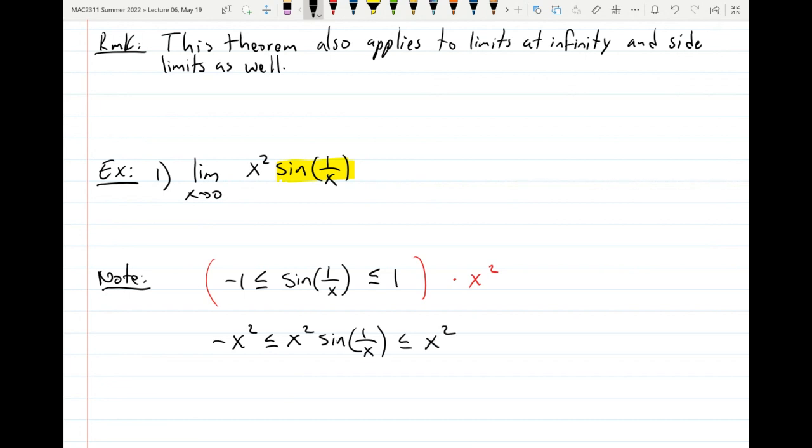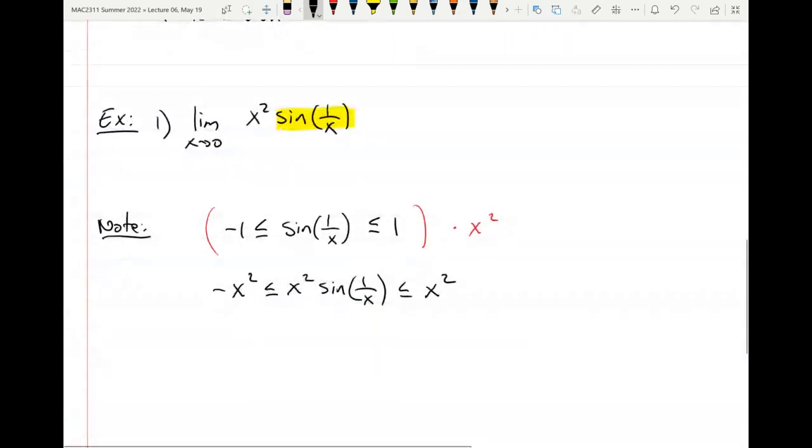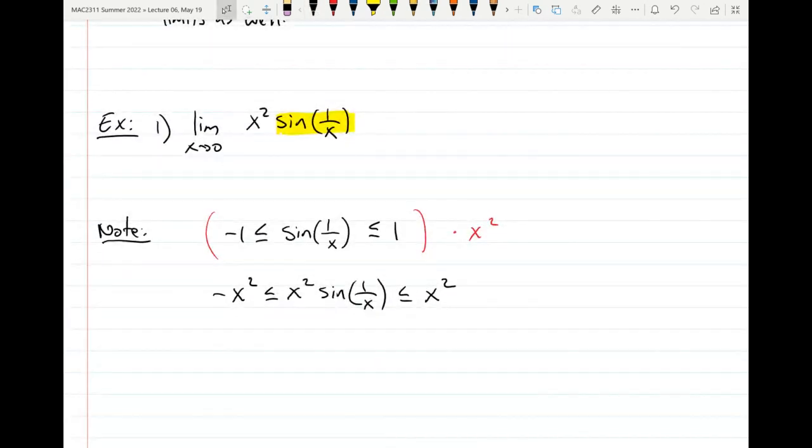After multiplying the entire compound inequality by x squared, we obtain this. Our function of interest, x squared times sine of 1 over x, is actually between these two other functions, between negative x squared and x squared.